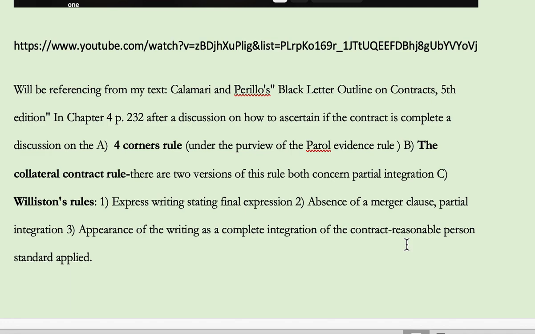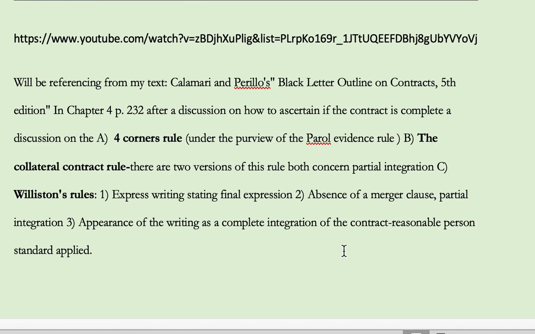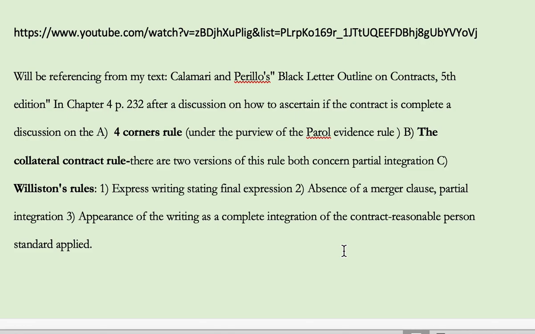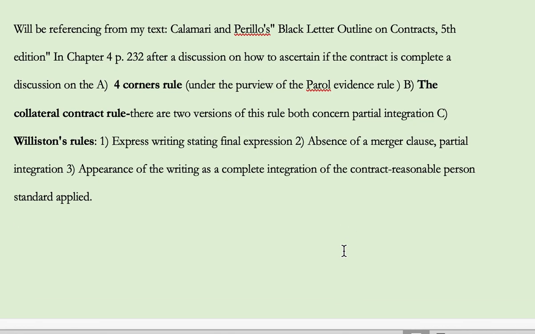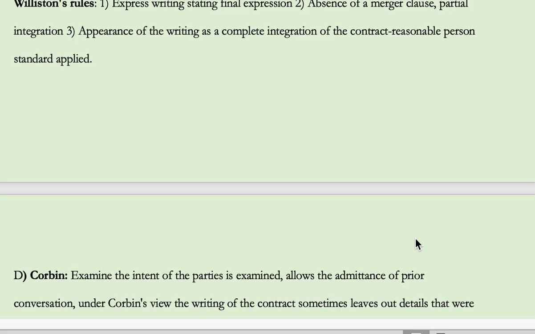And he actually broke it apart into details, expounding on it. And occasionally there's some wiggle room to allow evidence if there's a partial integration, but most of the time the appearance of the writing is going to be a complete integration, and you'd follow the reasonable person standard.